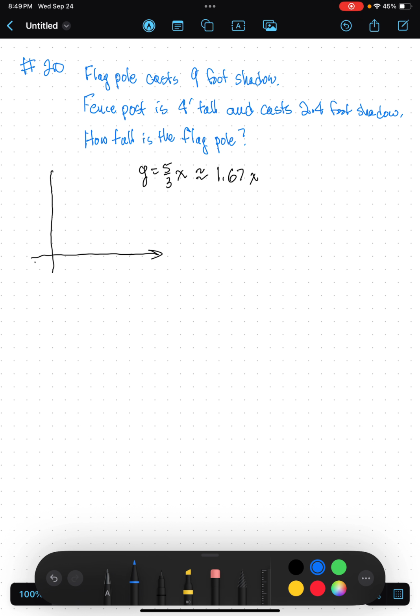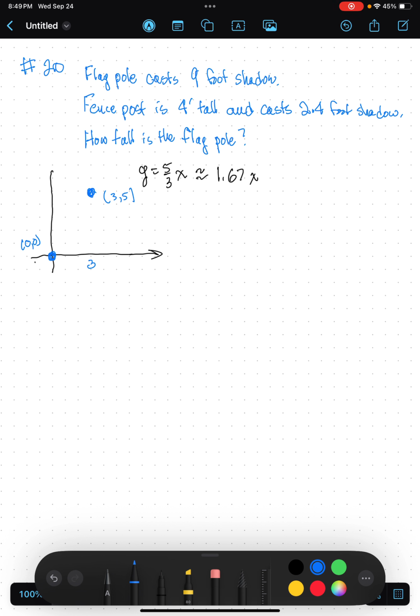Now let's think about where this line is going to go. If x is 0, then y also has to be 0, so (0, 0) has to lie on this line. And if x is 3, then y would have to be 5. So there's a second point on the line: (0, 0) and (3, 5).